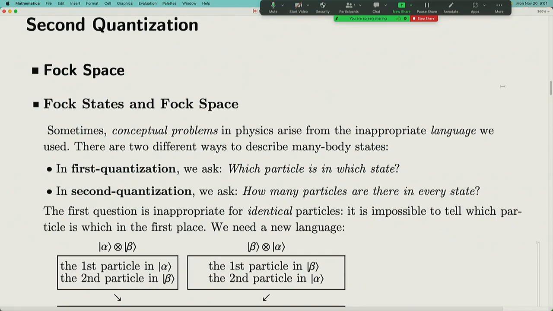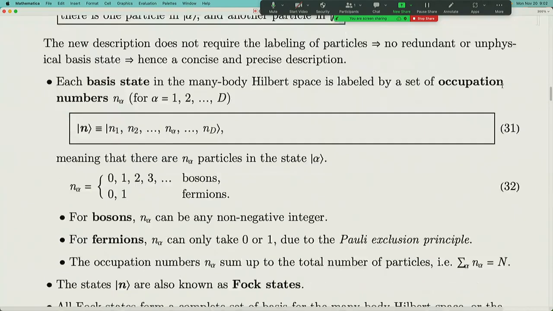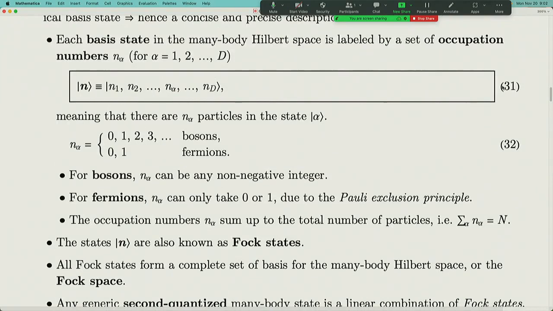So given that, second quantization takes a strategy of using this number representation. Instead of talking about the state of each particle, we talk about the number of particles occupying each state, and that's the idea. So that's why we introduce the so-called occupation number basis, which instead of using a sequence of states to describe which state the particles are in, we use a sequence of numbers which describes how many particles are there on each state.